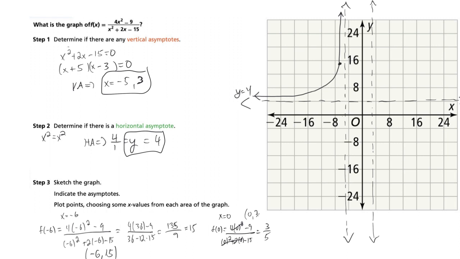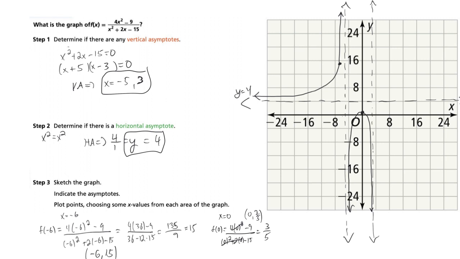So 0, 3 over 5 would be right here. This is going to go down like this, and then approach both those vertical asymptotes.